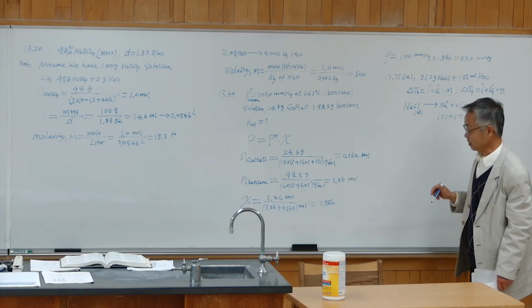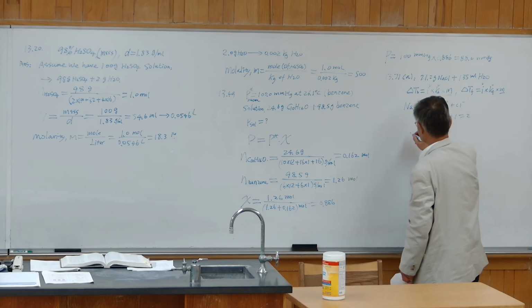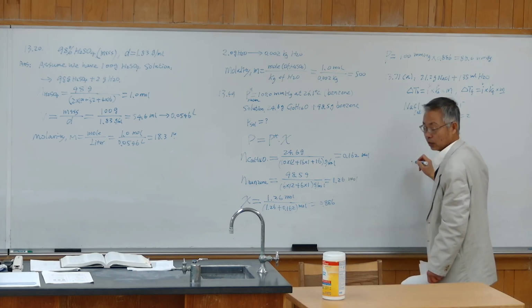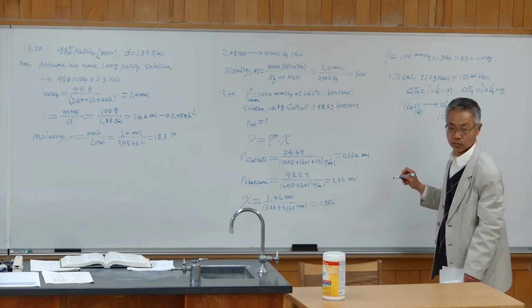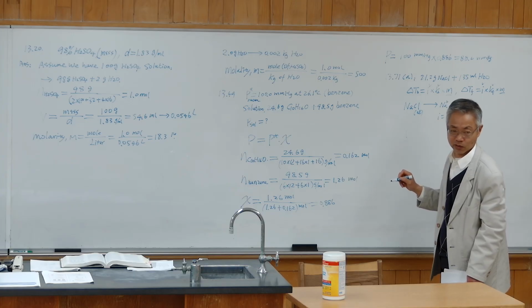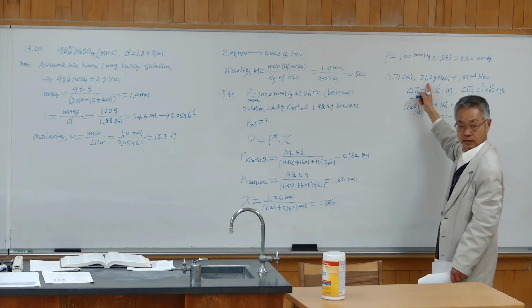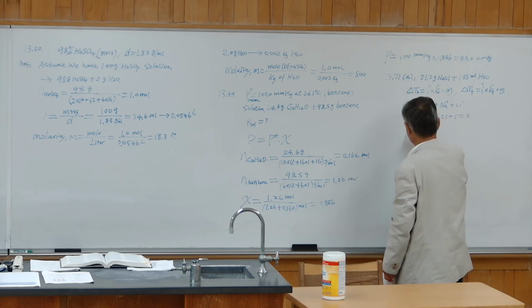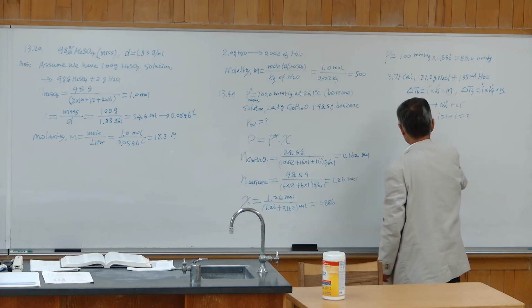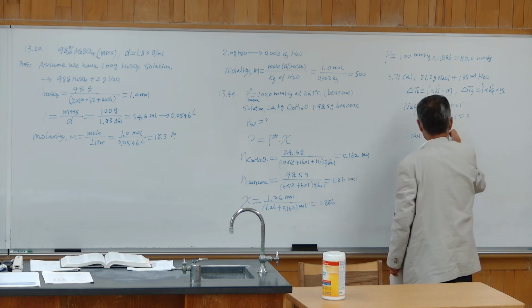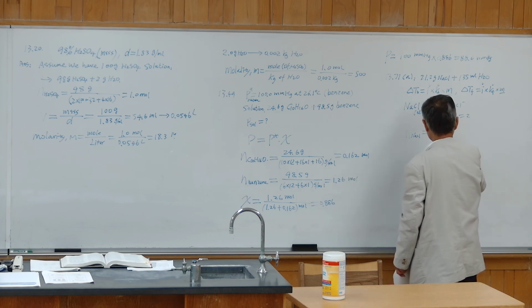So the critical thing is to find m, molality. Molality is moles divided by kilogram of water. It didn't tell us moles, but it tells us mass. So moles of sodium chloride is mass divided by molar mass.